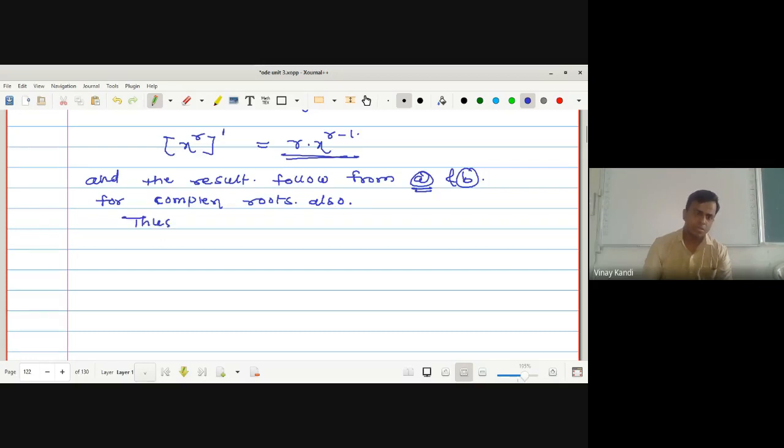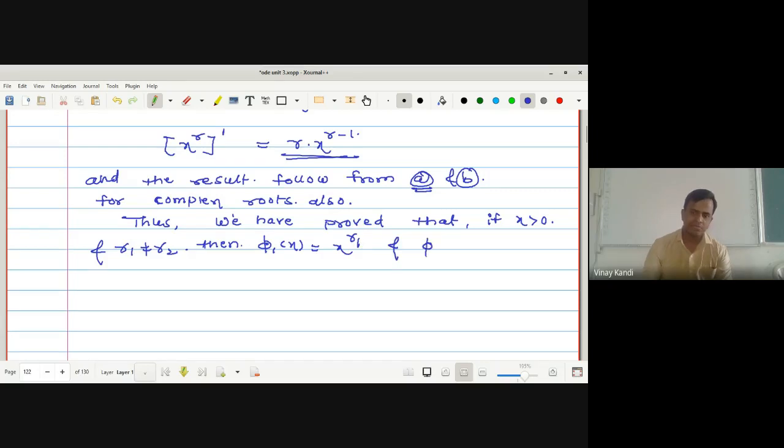Thus we have proved that if x is greater than 0 and r1 is not equal to r2, then phi 1 of x is equal to x raised to r1 and phi 2 of x is equal to x raised to r2 are solution of L of y is equal to 0 when r1 and r2 are the complex roots.